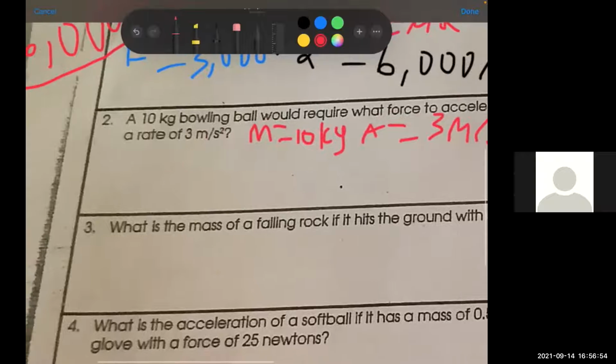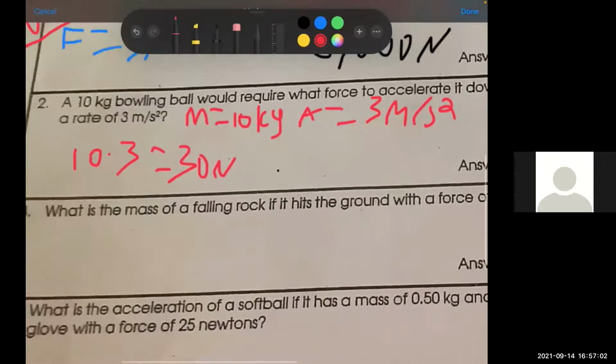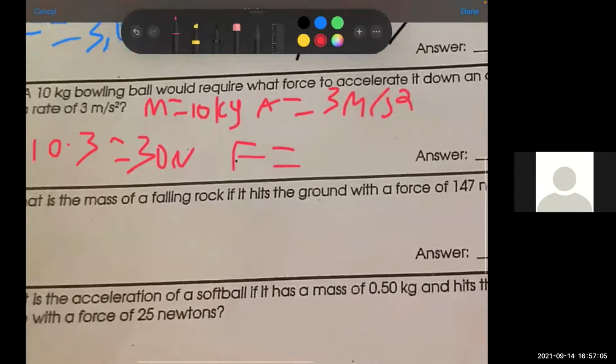So 10 times 3 equals 30 newtons. The force equals 30 newtons.